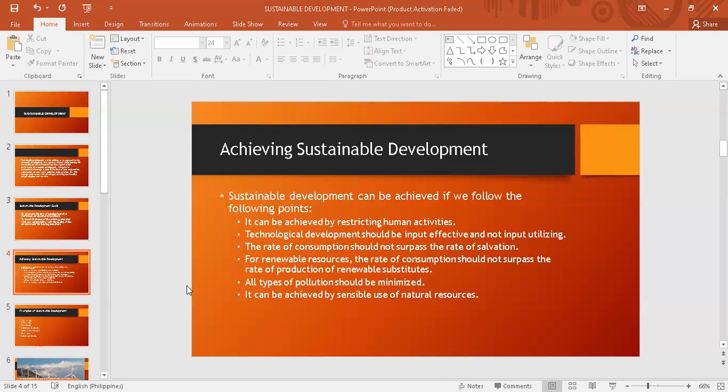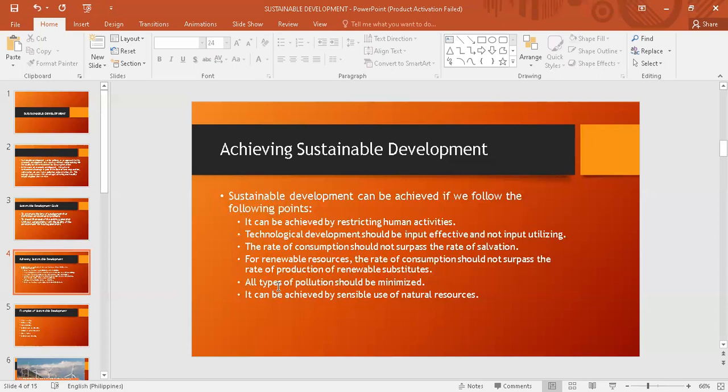Yan yung CFC, chlorofluorocarbons, sa mga inilalabas ng mga aircons at mga ref. So may mga manufacturing companies that way before, hindi nila na-consider that you manufacture aircons without realizing it emits chlorofluorocarbons. Pero ngayon may mga companies na na-consider na yun, so nami-minimize kasi yun ay nakakasama sa ozone layer.